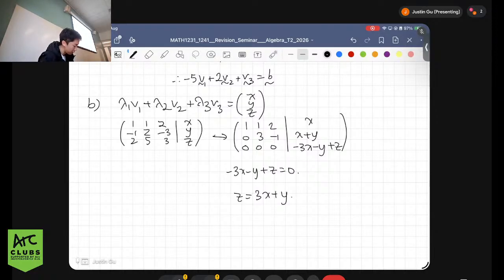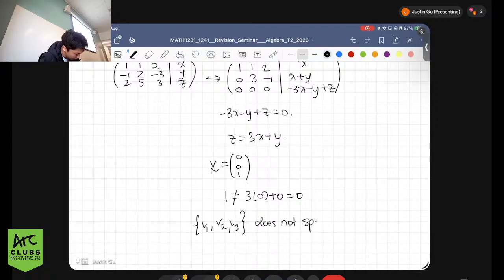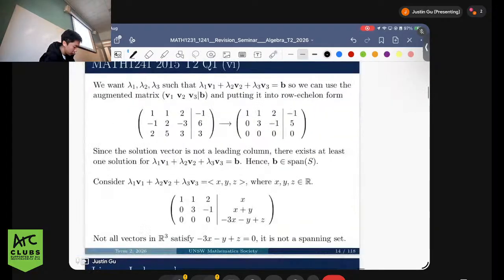In this case, it's obvious that it's not everything. We can say that maybe v equals 0, 0, 1. Clearly 1 does not equal 3 times 0 plus 0, which is 0. So therefore v1, v2, v3 does not span R^3. Any questions with this? Same as part A, except we generalize.